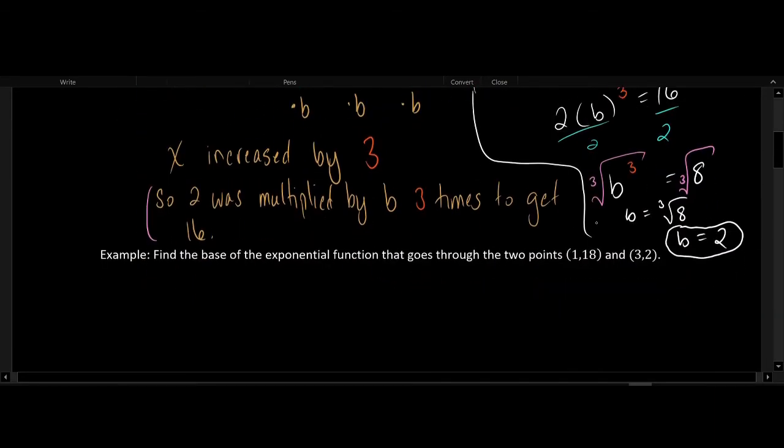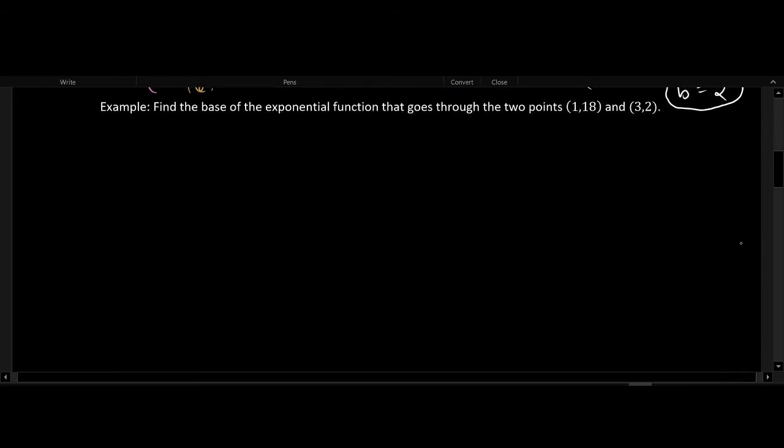Okay. Let's try it again. Find the base of the exponential function that goes through the 2 points 1, 18 and 3, 2. So let's set up a quick table. When x is 1, y is 18.